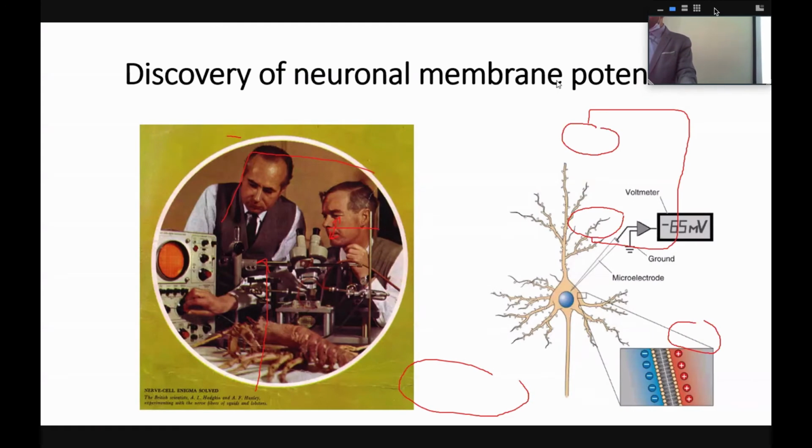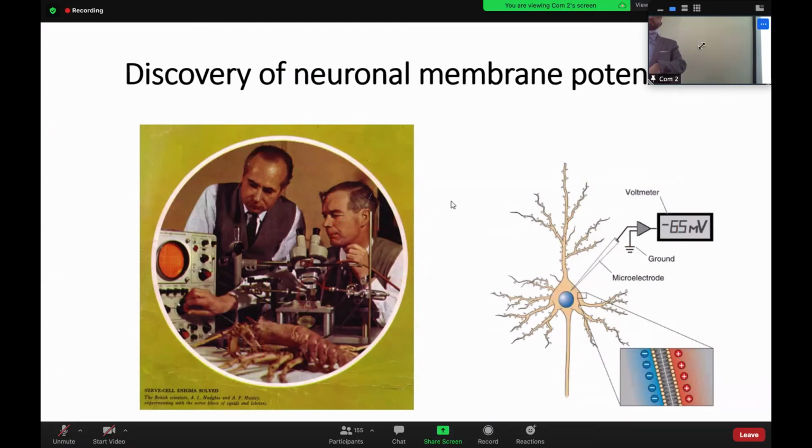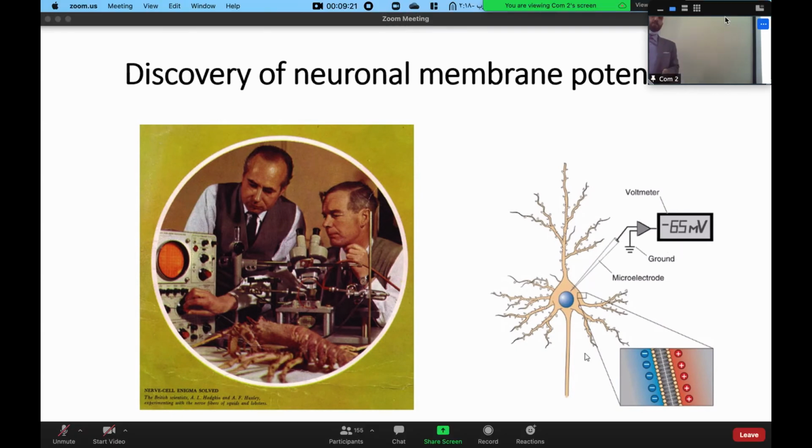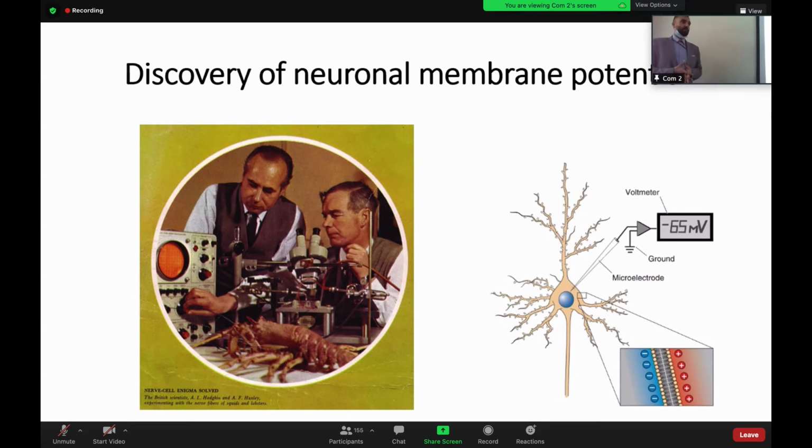This was discovered in the 1940s by the scientists Hodgkin and Huxley, who showed that neurons from squid, by inserting a microelectrode inside them connected to a voltmeter, do have electrical potential.